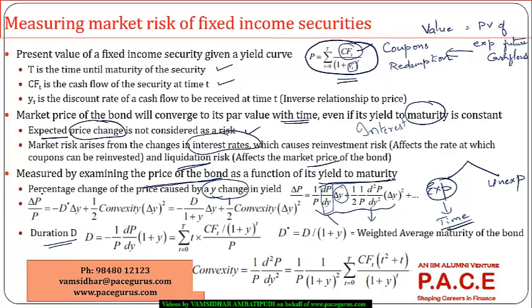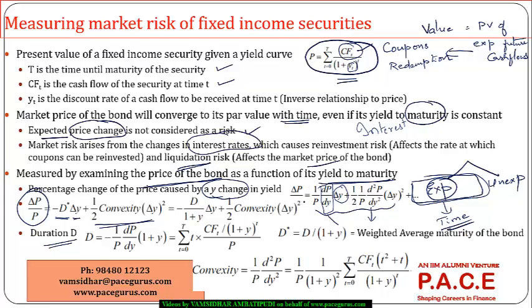So overall, the percentage change in the price we can take as minus duration times delta y plus half convexity times delta y squared. This is the relationship, if I ignore the higher order movements.